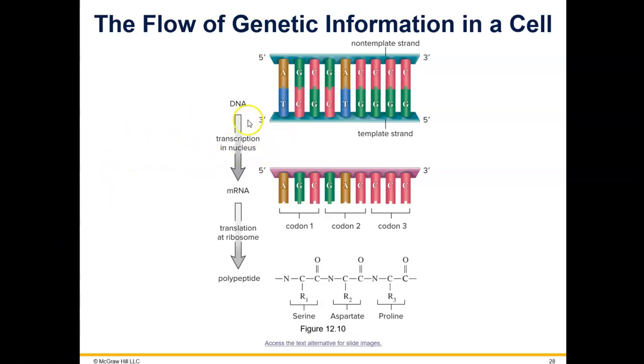A process called transcription occurs, and that is when the template DNA strand serves as the model to code for a strand of RNA, and we call that messenger RNA. So we say that the DNA is transcribed into messenger RNA.